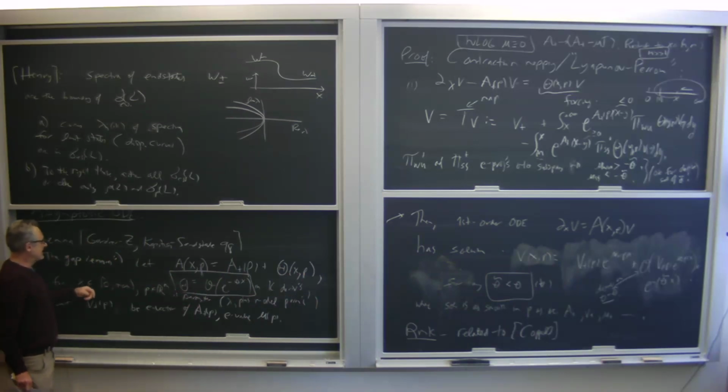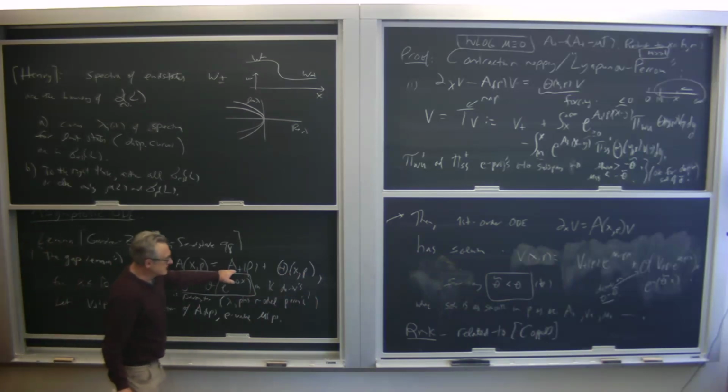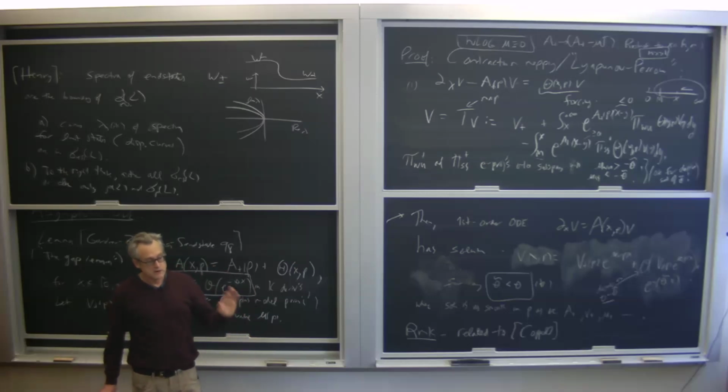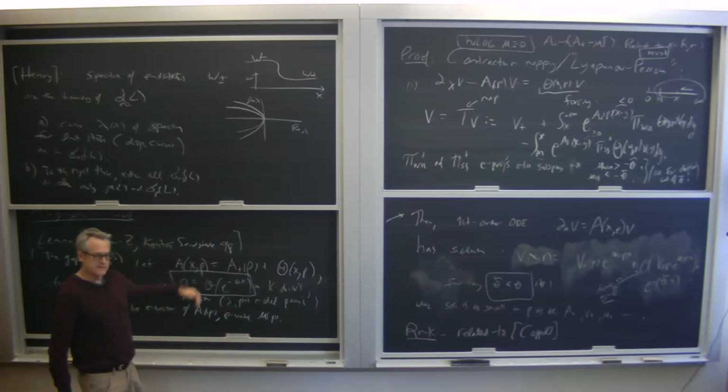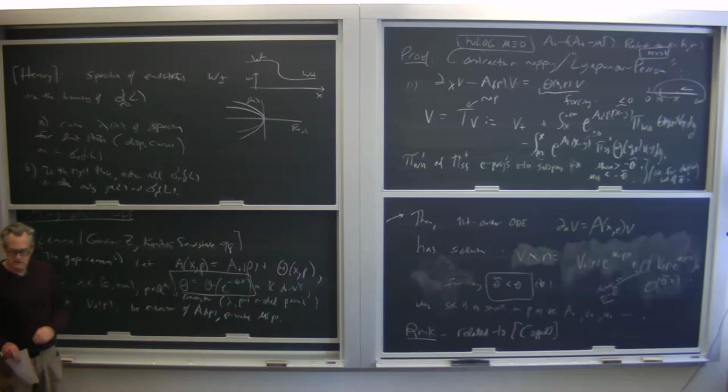And A plus is just the limit at plus infinity of the matrix. V plus is an eigenvector of the plus matrix. Mu plus is the eigenvalue. So all the pluses are together at plus infinity. That's the idea.